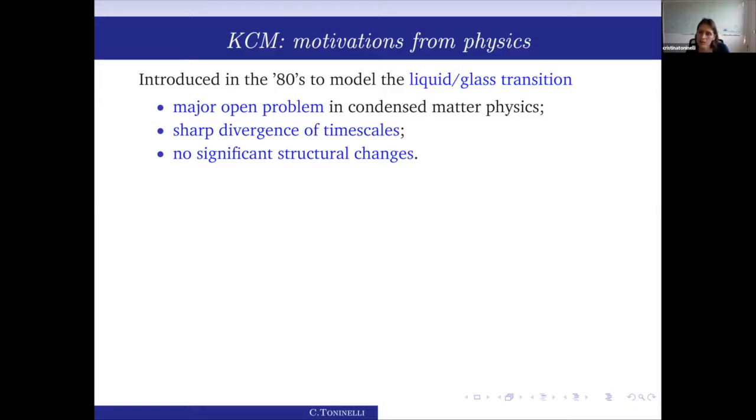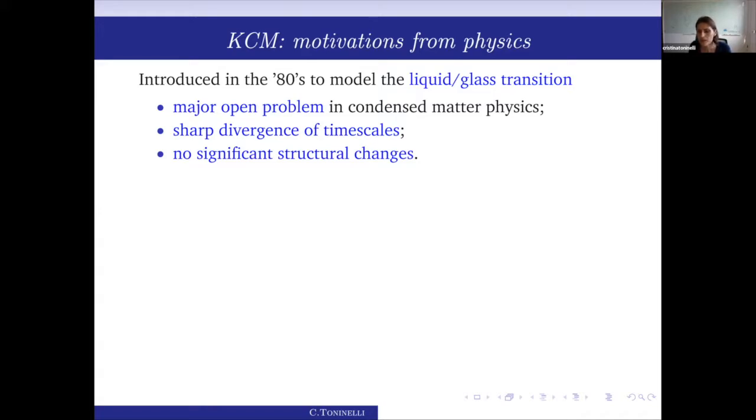an ordered solid, the liquid does not have time to create an ordered structure inside. Essentially what happens is that if I cool the liquid sufficiently fast, the liquid enters into a regime which is called of supercooled liquids. It remains a liquid. It's not able to organize itself in an ordered crystal and solid structure.